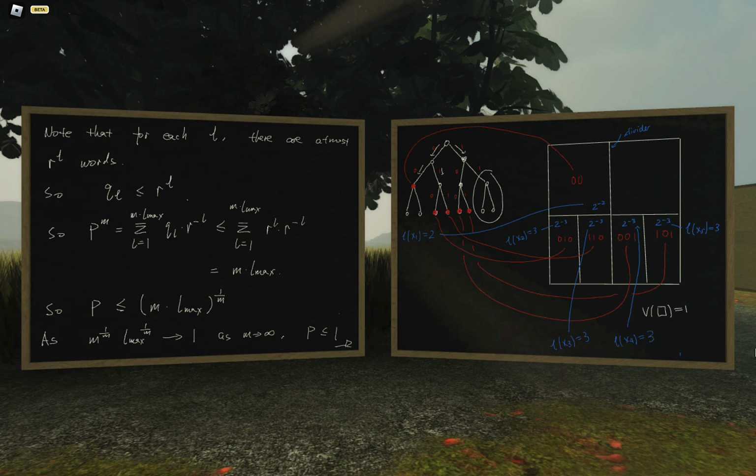Okay. So then what we're doing when we sum up those r to the power minus l_i is we're adding up the volumes of the boxes. And the fact that it's less than or equal to 1 means we can fit them into the box. Right? So this box decomposition is so canonical, it's back at the very roots of entropy and that whole story.